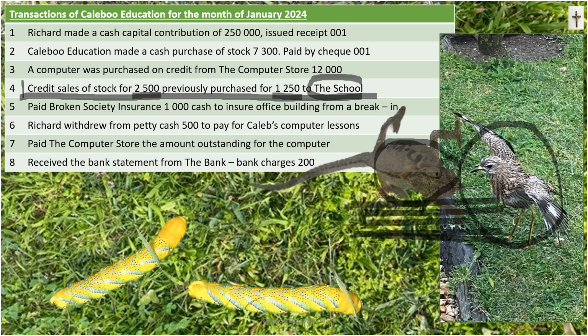These posters, the stock, were sold to the school for 2,500. Originally, the posters cost 1,250, and it was a credit sale. So this credit sale needed to be documented.